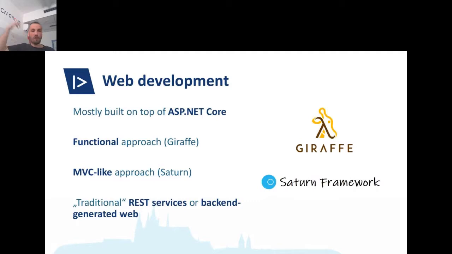So if you are familiar with the middleware stuff and defining the pipeline, you can still use the knowledge you get from C#, but you will use really nice libraries like Giraffe or Saturn. This depends on whether you want the more functional approach or a more MVC-like approach in Saturn.